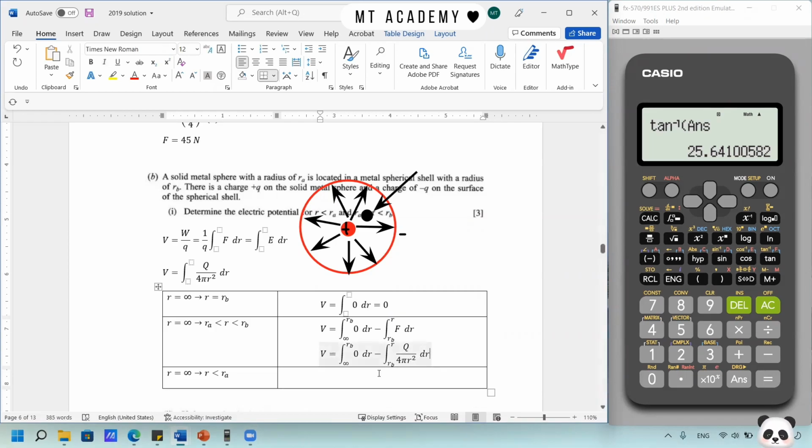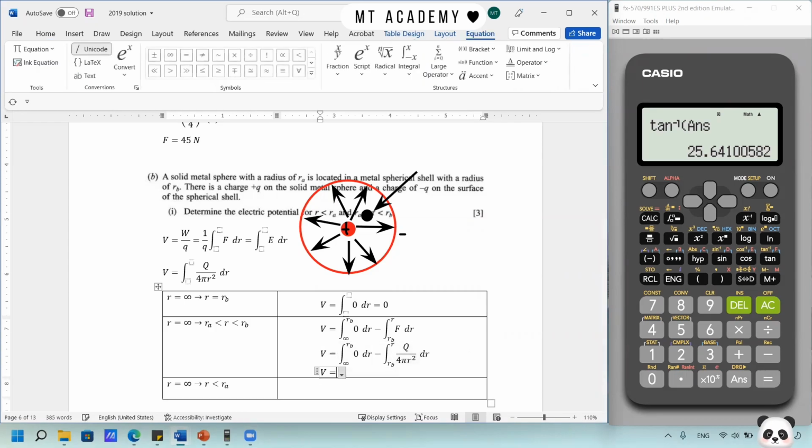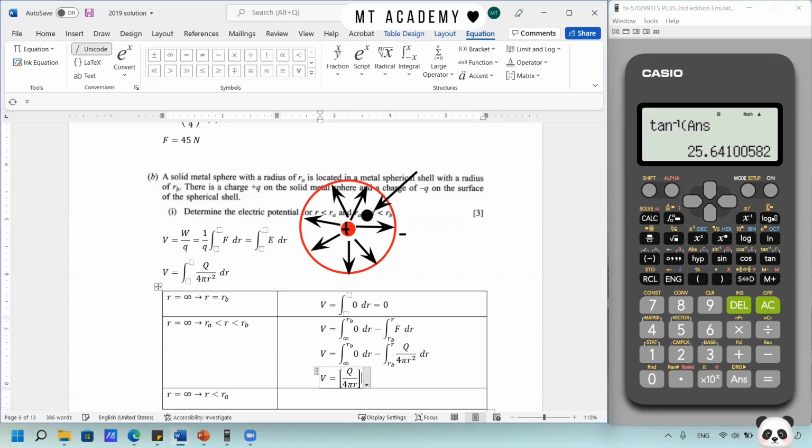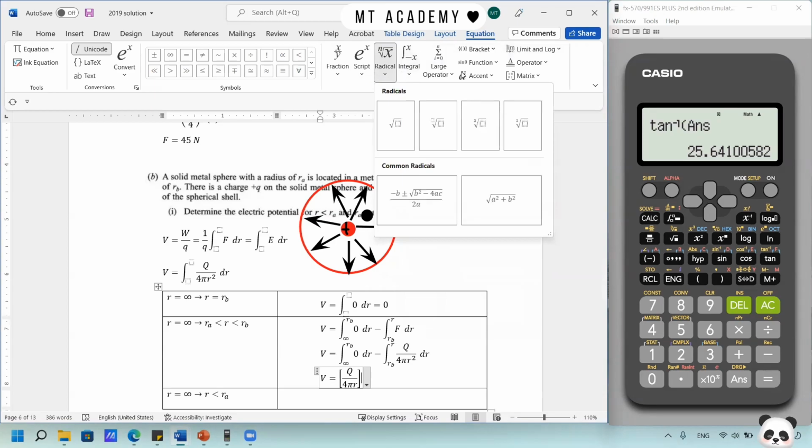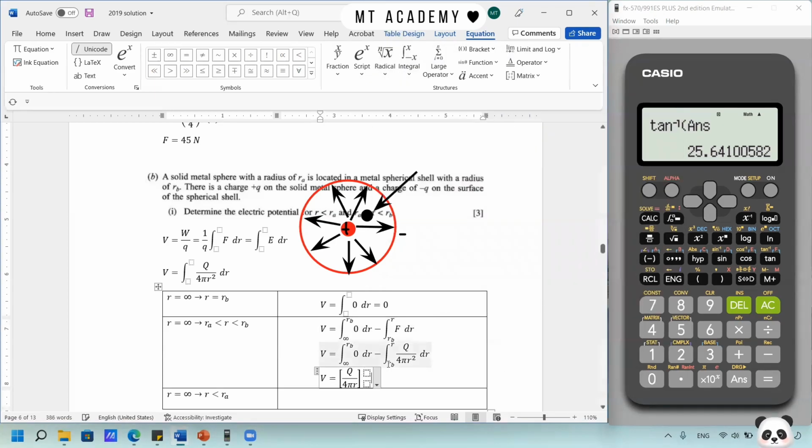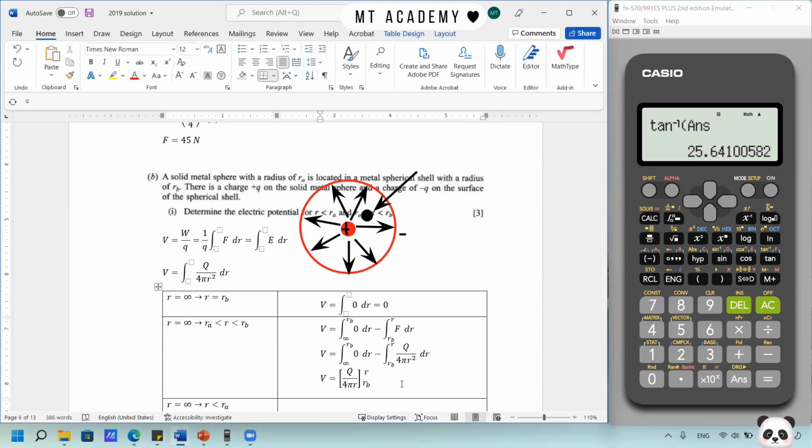So apply the integration, this would be cancelled out, and you have V is equal to Q over 4 pi r, from r to RB. The rest is what you have learned in Maxwell's.